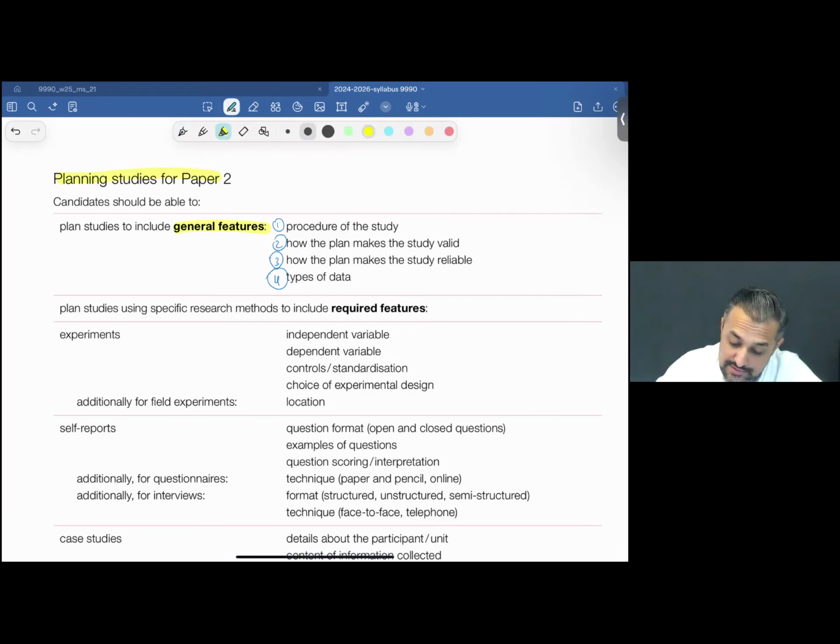Whatever the plan is, what exactly is a part of your plan that would increase the validity of the study. How the plan makes the study reliable, and the type of data that you're collecting, to write down both quantitative and qualitative data. Now, these are general features, these are essential, and you need to do this. You cannot skip this.